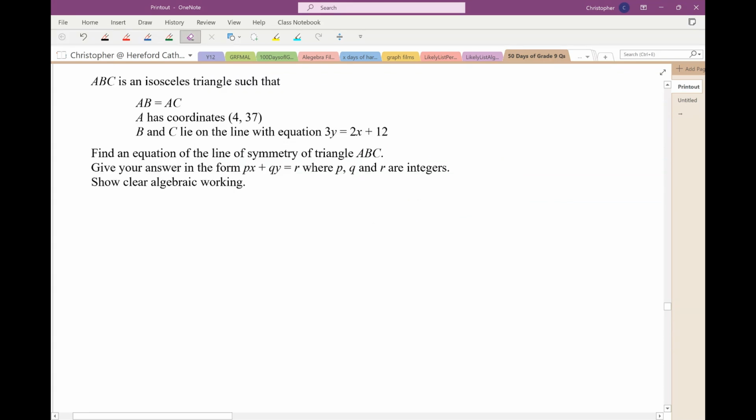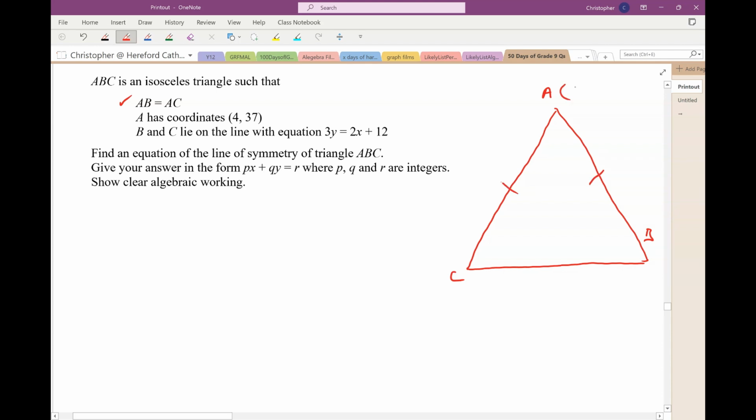Question 35. Right, looks like coordinate geometry. ABC is an isosceles triangle such that AB equals AC. Let's draw a diagram, shall we? So we've got A, B, C. AB equals AC.